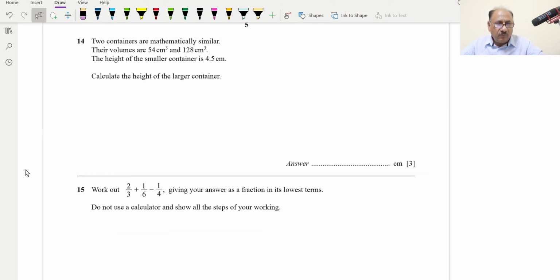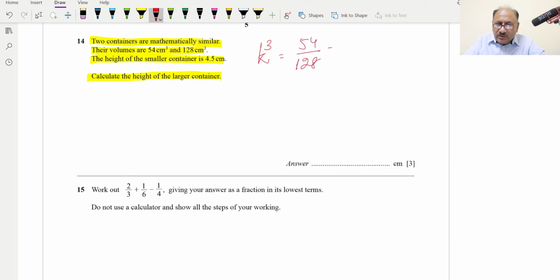Now question number 14. Question number 14 says two containers are mathematically similar. The volumes are 54 centimeter cube and 128 centimeter cube. The height of the smaller container is 4.5, and calculate the height of the larger container. So the volume ratio is given. If the volume ratio we take as k cube, this will be equal to 54 over 128.